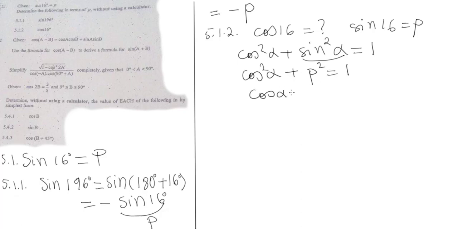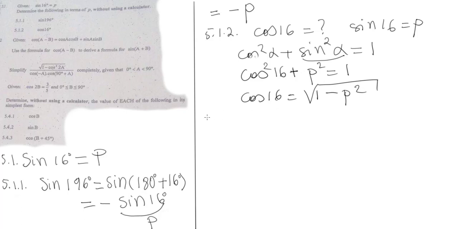Our alpha here represents 16 degrees. So we have cos squared 16 degrees plus p squared is equal to 1. We transpose p squared, minus p squared, then the square changes to square root. All right. So cos 16 will be the square root of 1 minus p squared.